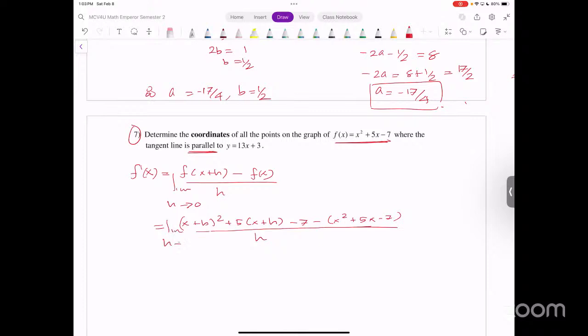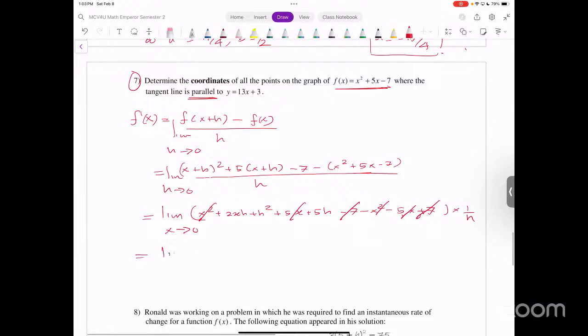Expanding: x squared plus 2xh plus h squared plus 5x plus 5h minus 7 minus x squared minus 5x plus 7, times 1 over h. x squared gone, 5x gone, 7 gone. We're left with terms with h as a common factor: h times (2x plus h plus 5), divided by h. The h cancels, and when h goes to 0, it is 2x plus 5.